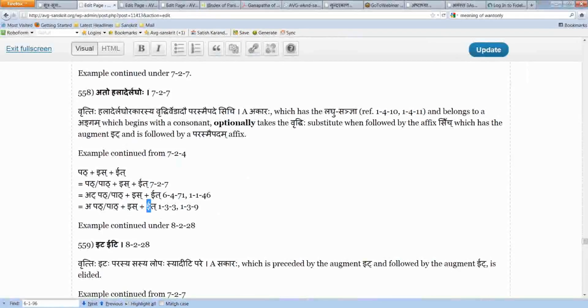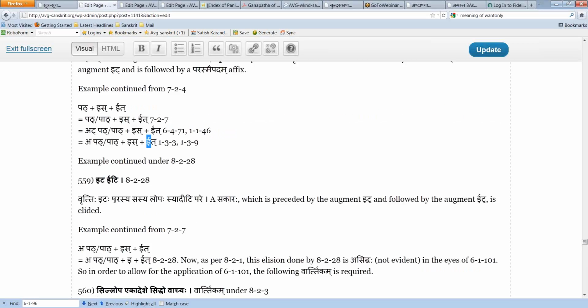So here we have a pat athva part is it. So here the sich is caught between the idagamaha and the idagamaha, by ita iti. So itaf parasya sasya lopa syad iti pare.